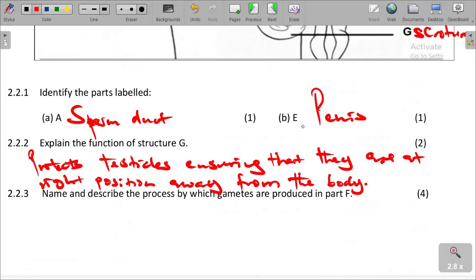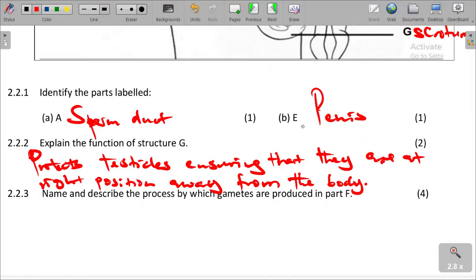The scrotum is an elastic sac that adjusts itself up and down in response to environmental or atmospheric temperatures, to also regulate the production of sperm. So the scrotum is there to protect the testicles, ensuring that they are at the right position away from the body, which is optimum for the maturation of the sperm cells.